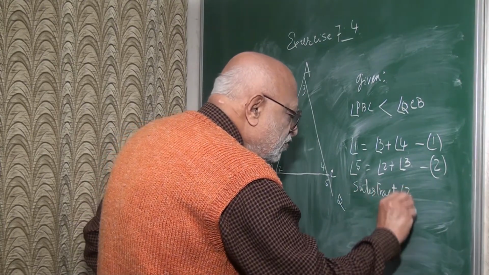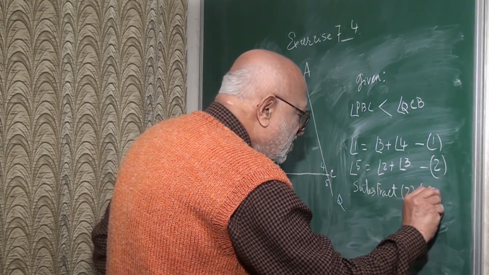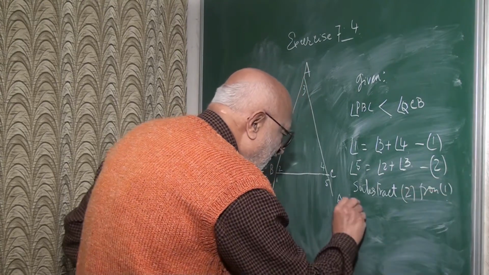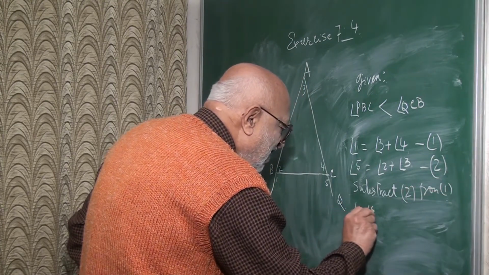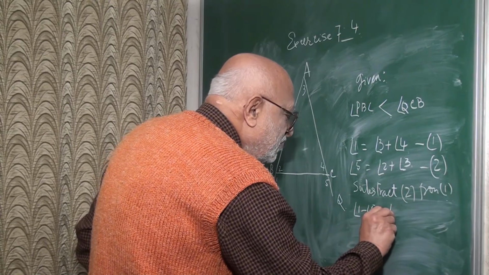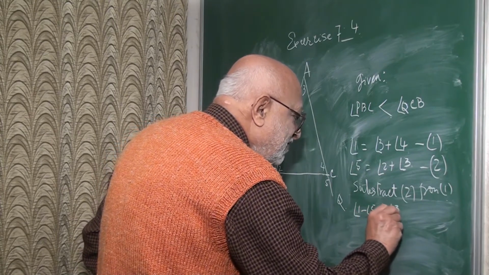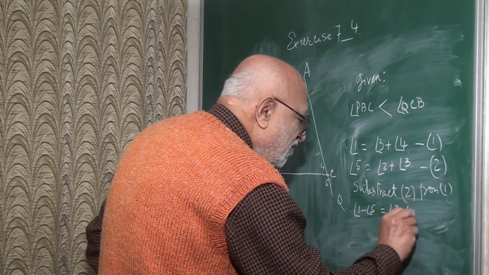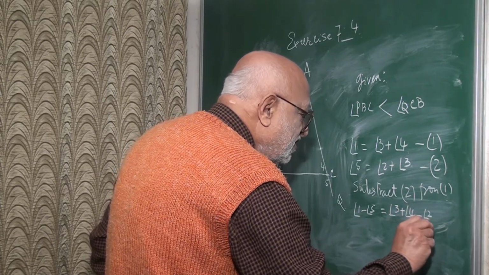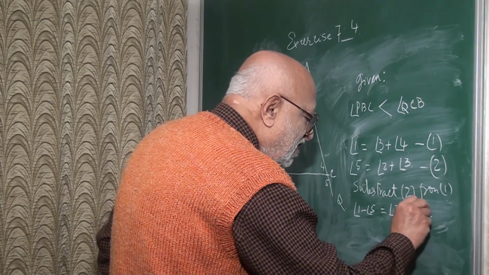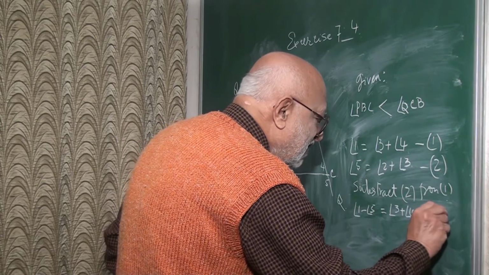Subtract 2 from 1. So I will have angle 1 minus angle 5 is equal to 3 plus 4 minus 2 minus 3.